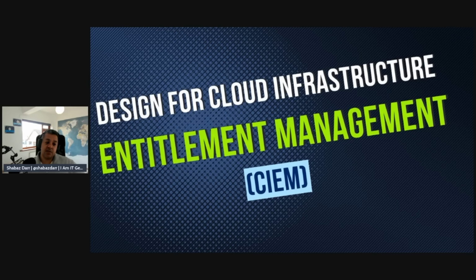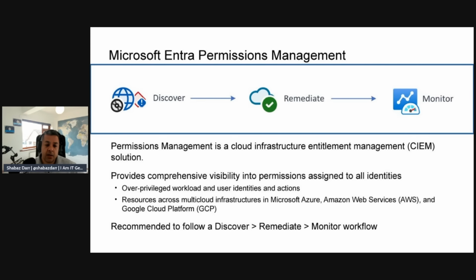Let's talk about designing for cloud infrastructure entitlement management. So we're talking about CIEM now. Customers can assess permission risks by evaluating the gap between permissions granted and permissions used. We have cross-cloud permission discovery, with granular and normalized metrics for cloud platforms in AWS, Azure, and GCP.